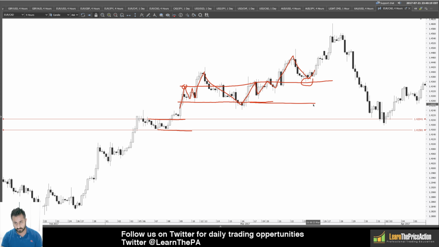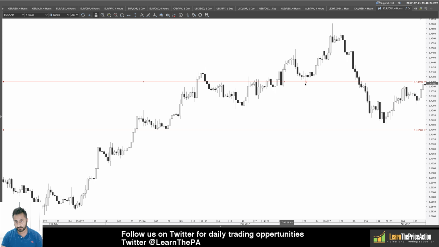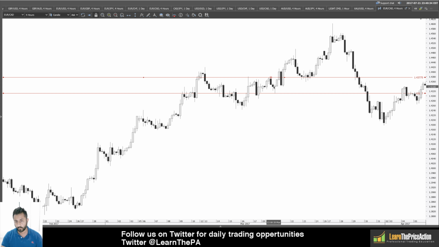Okay, so what we're going to do is we're going to move our point from here to the new low, sorry, to this point right here, and we're going to move that to this hook point. So what the market does, it goes up, comes down, finds the support here, goes up, goes sideways, and it has created a hook point right here. So that means our next level is this guy right here.